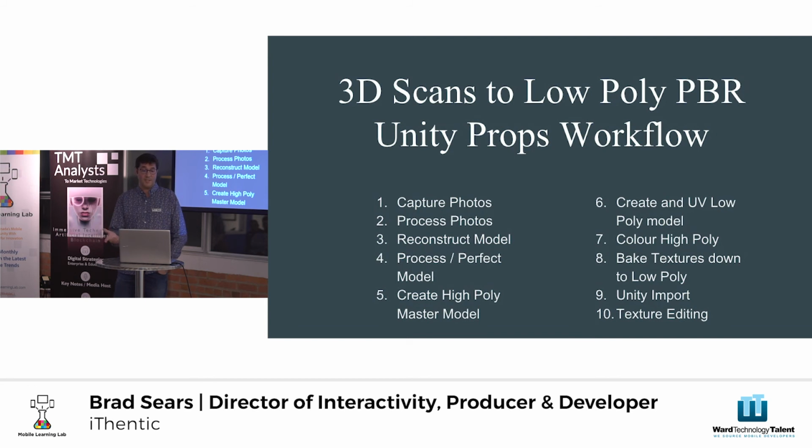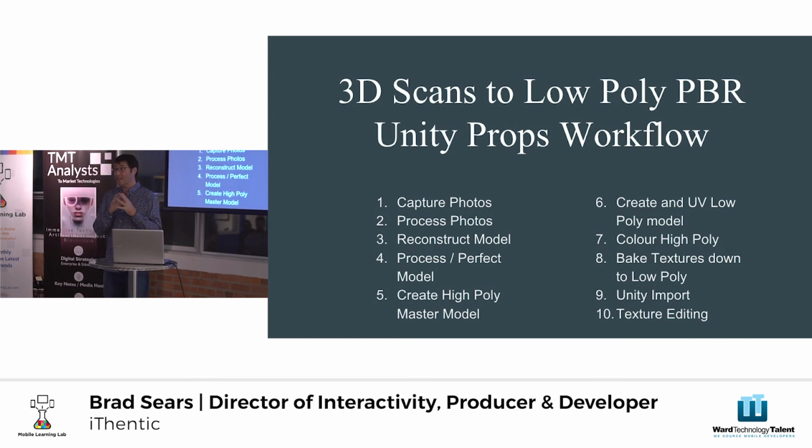So what we're going to do quickly here is we're going to capture a whole bunch of photos that are perfect. We're going to process them. We're going to build a basic model. Then I'm going to correct all the problems with that model. Now we have a master high poly model, and we're talking like 20 to hundreds of millions of polygons.